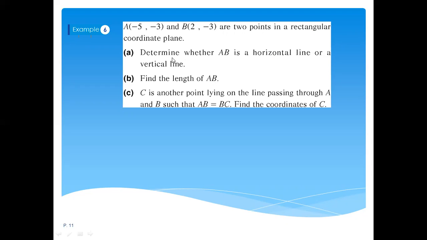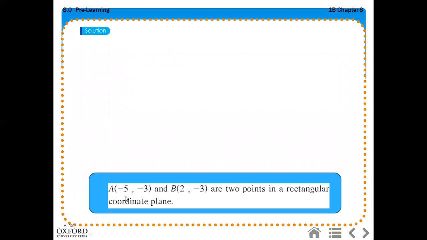Let's try to finish question A, B first. Then we go to C later. So A, B are the 2 points. The question A, what line is AB? Horizontal or vertical?